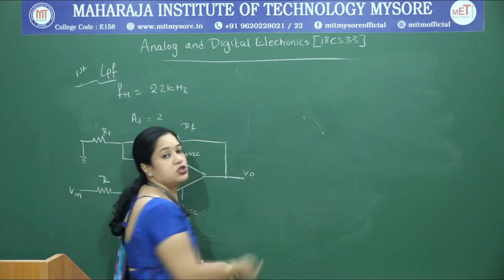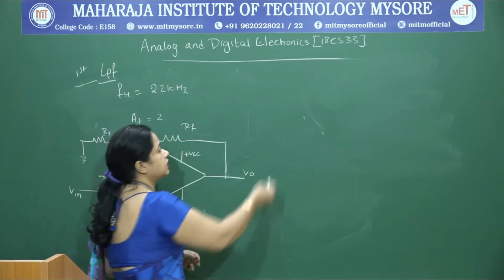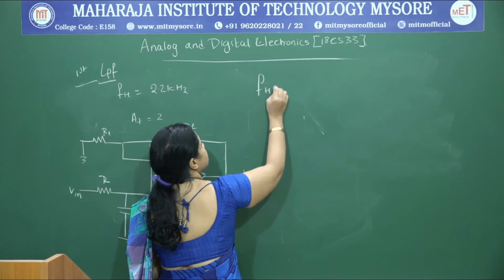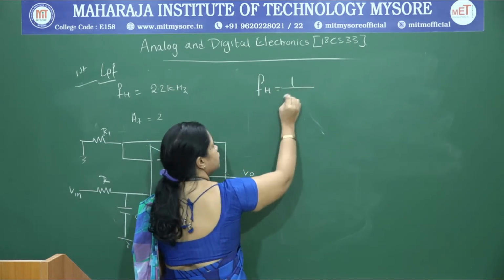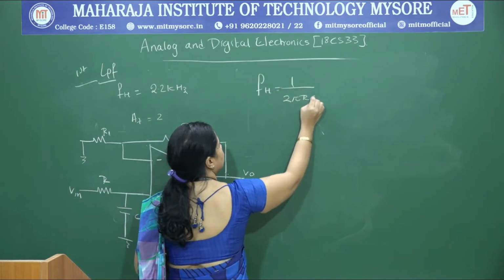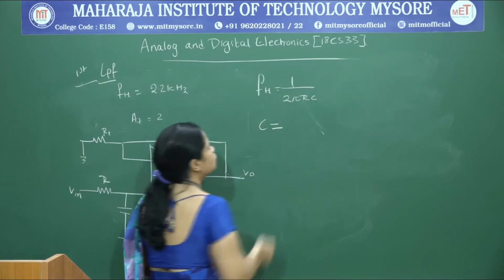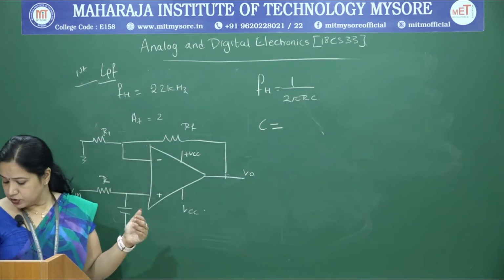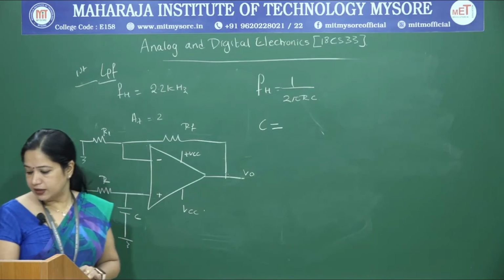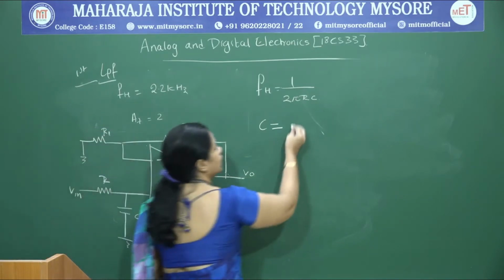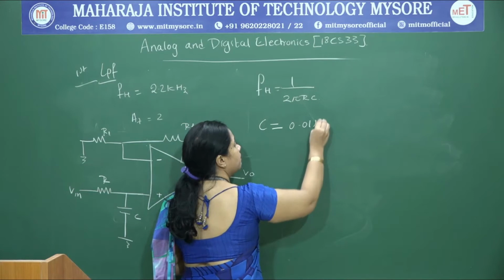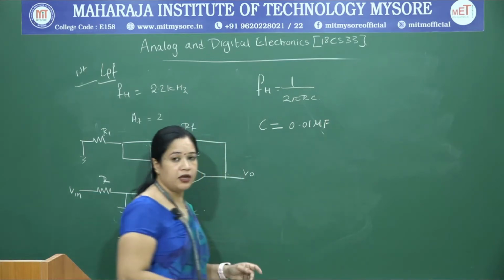From the design steps we discussed just now, you are given FH as 2.2 kilohertz, and the expression for FH is 1 by 2 pi RC. So I choose some capacitance value depending on availability. Let me choose a capacitance value of 0.01 microfarad, which is less than 1 microfarad.